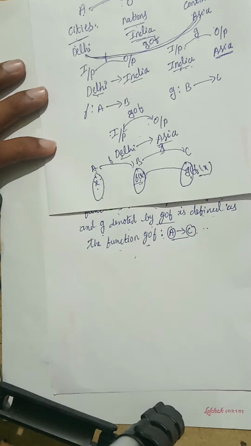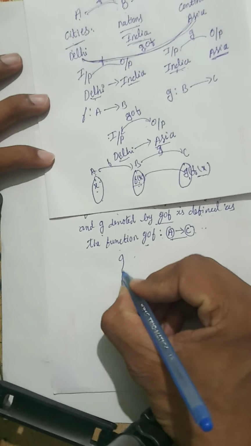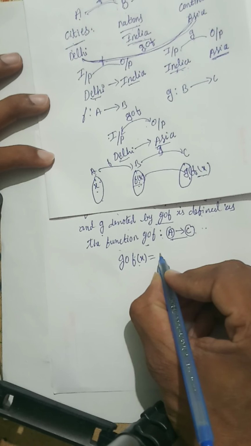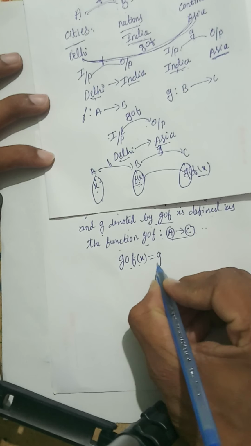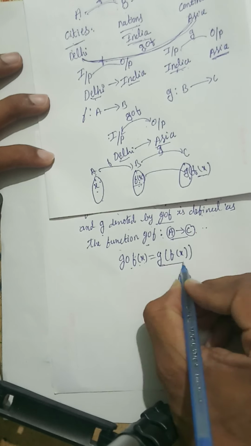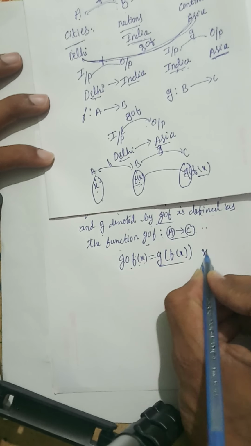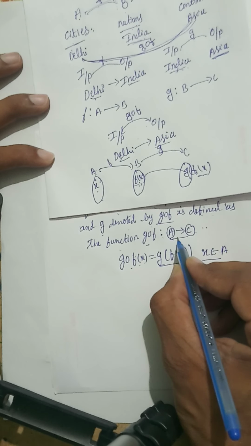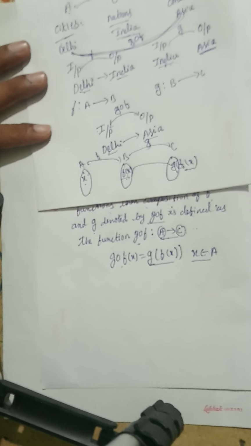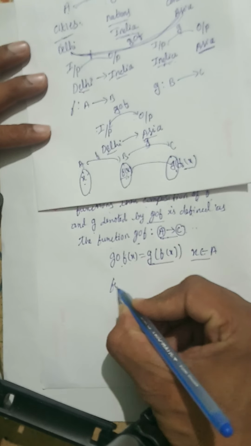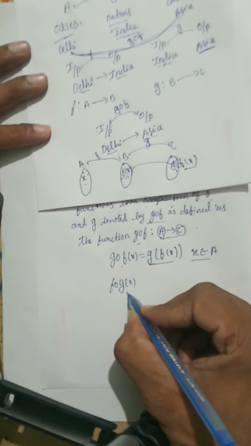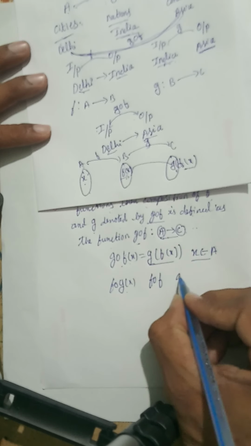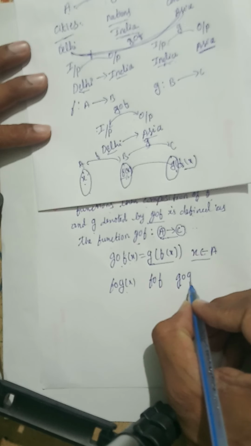So I am writing gof of x, which means g of f of x, where x belongs to set A. Like this, dear students, f can be composed with itself, and g can be composed with itself.